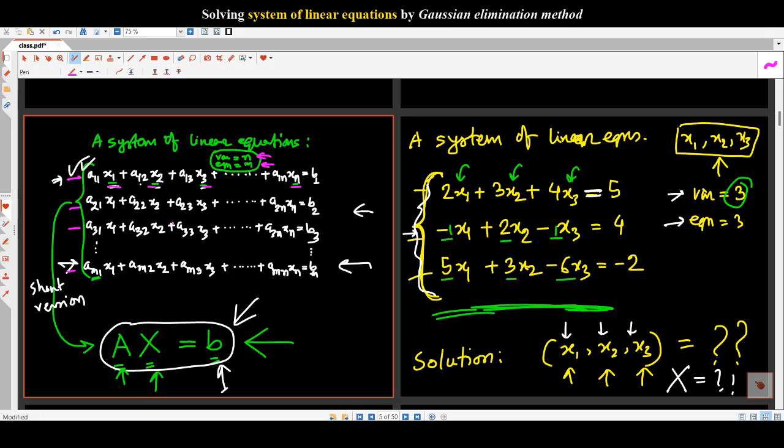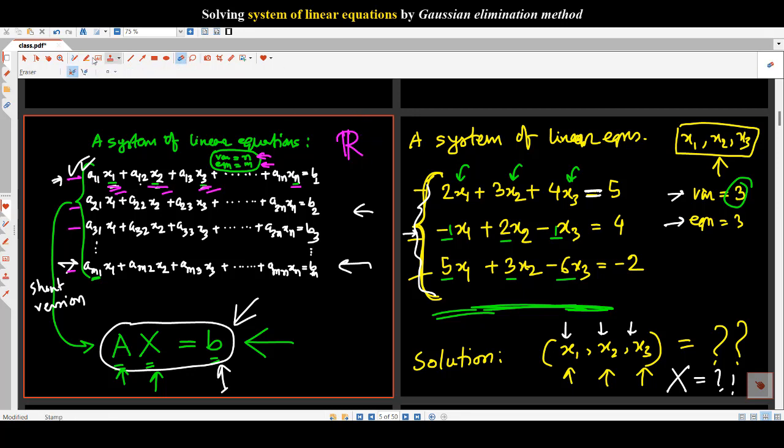So this is one higher dimensional concept. We have not only 1, 2, 3 dimension, we have x1, x2, x3. How many variables we have? We have n number of variables. That means we are dealing with real numbers, but that real number is not in 1 dimension, not in 2 dimension, not in 3 dimension.